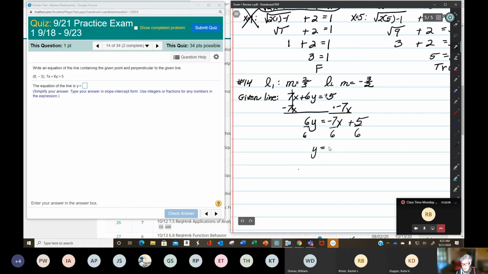And the reason I want to do that is that I want to find the slope of this line. Okay, so the slope of this line is -7/6. And you can just tell right away if you get this in slope-intercept form.